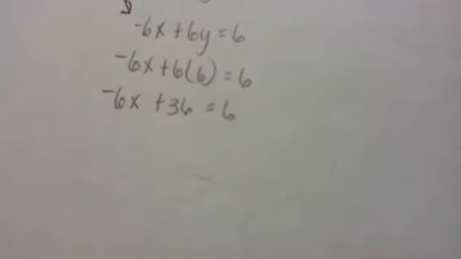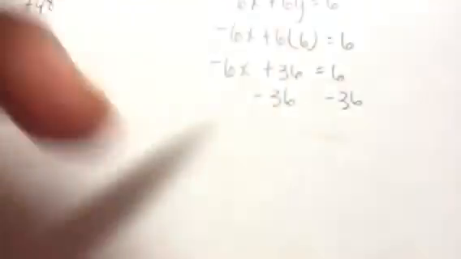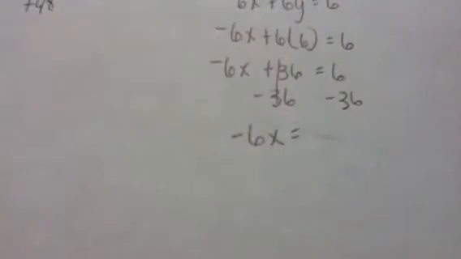Okay, now I need to solve for x. I need to subtract this 36 because it's being added. So these cancel to be 0. Negative 6x equals 6 minus 36.